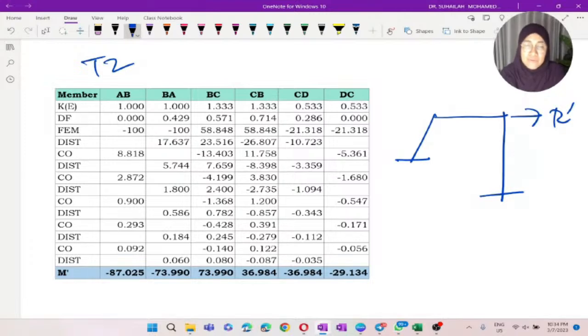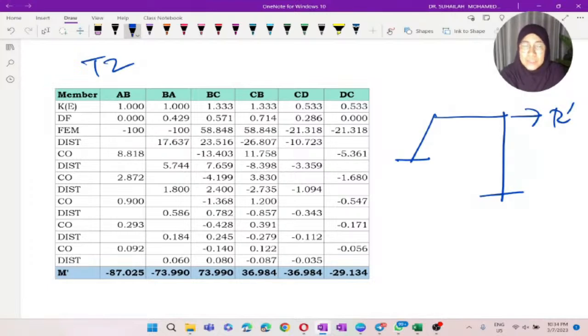Next, we will use these end moment values to calculate the R prime value. Because in calculating the final end moment, we need the R value, which we get from table number 1, and the R prime value, which we get from table number 2.